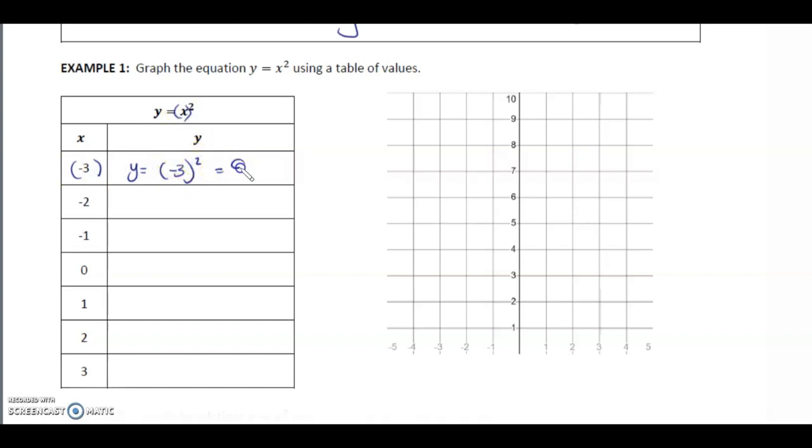So negative 3 squared is 9, okay, and then we sub in negative 2. Negative 2 squared is 4. Then we sub in negative 1. Negative 1 squared is 1. 0 squared is 0. And then we have 1 squared, 2 squared, and 3 squared. Okay? We get 1, 4, and 9.